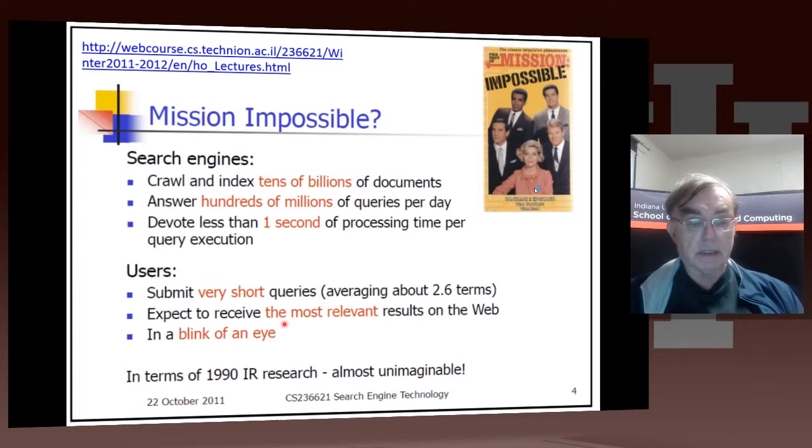And this is quite important, you have to get the most relevant. And these slides will actually discuss what is meant by relevant, because it's not quite so obvious what relevant means, because it really was what the user wants, and quite what they want is not always clear from the simple query. And the blink of an eye is a tenth of a second.